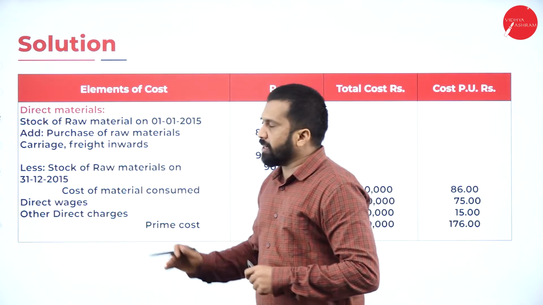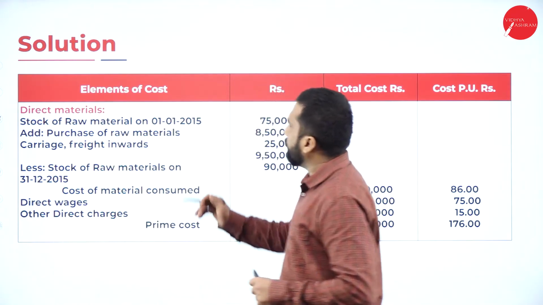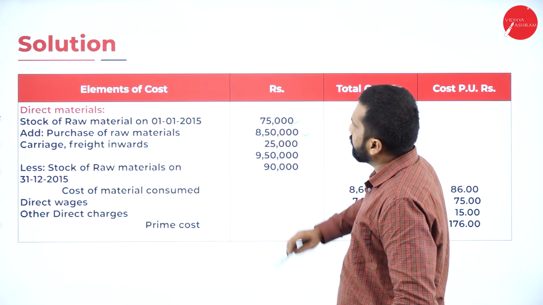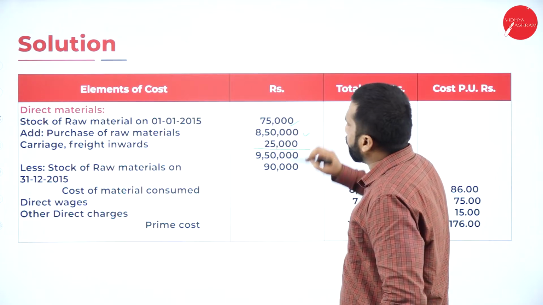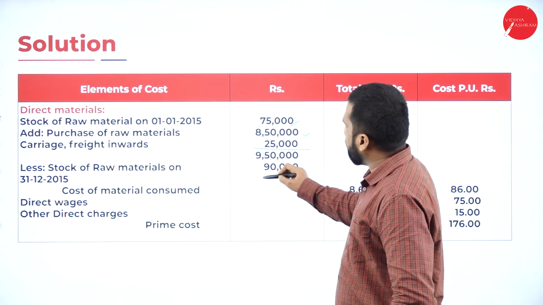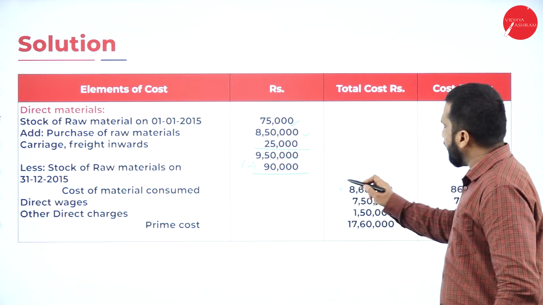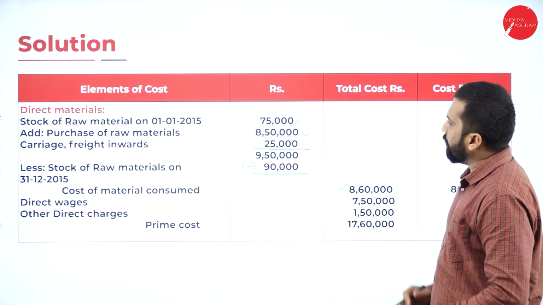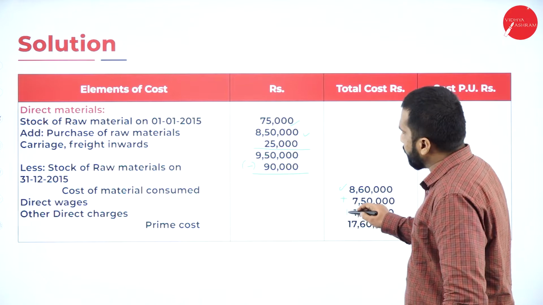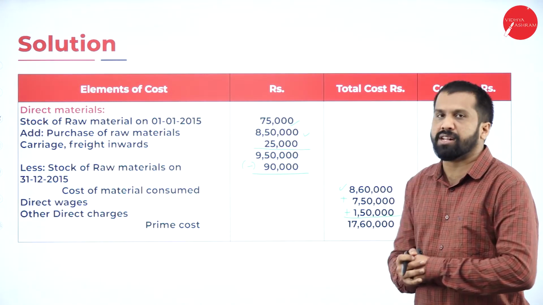So I'll go directly. I won't drag here because we already marked this. Direct material like your stock, purchases, carriage inward, add everything. Then opening 9,50,000, minus closing, you got 8,60,000. To 8,60,000, add direct wages and direct charges, you got 17,60,000.